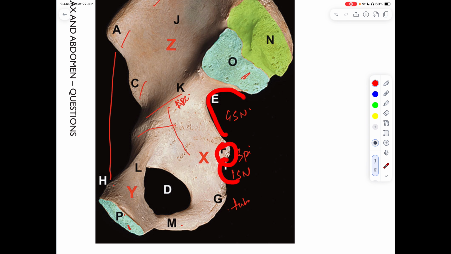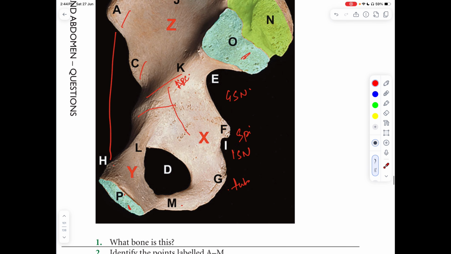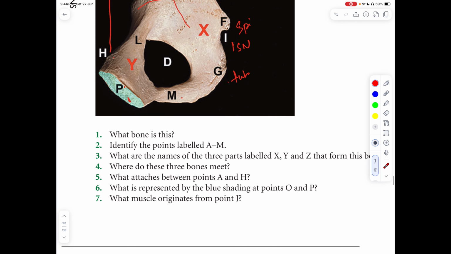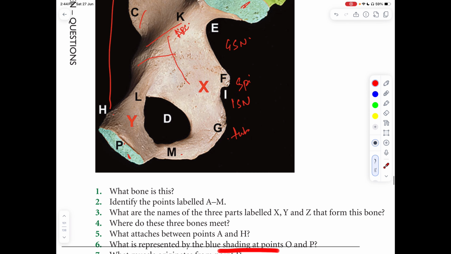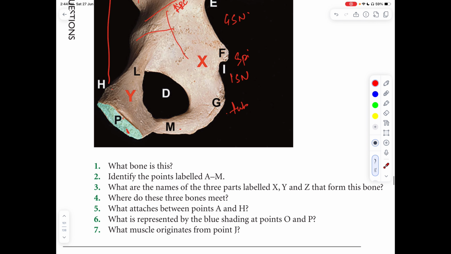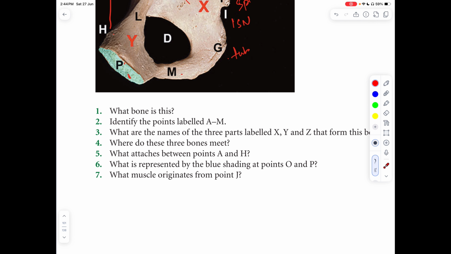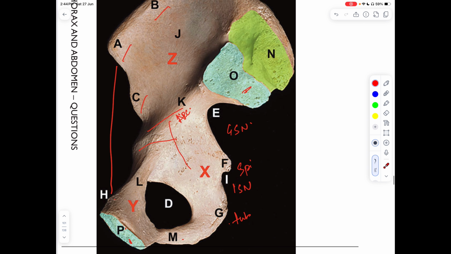O is the articular surface, the sacroiliac joint. Here is the sacrum. This is represented by the blue shading, O and P. What muscle originates from the point J? So iliacus. This muscle is iliacus.